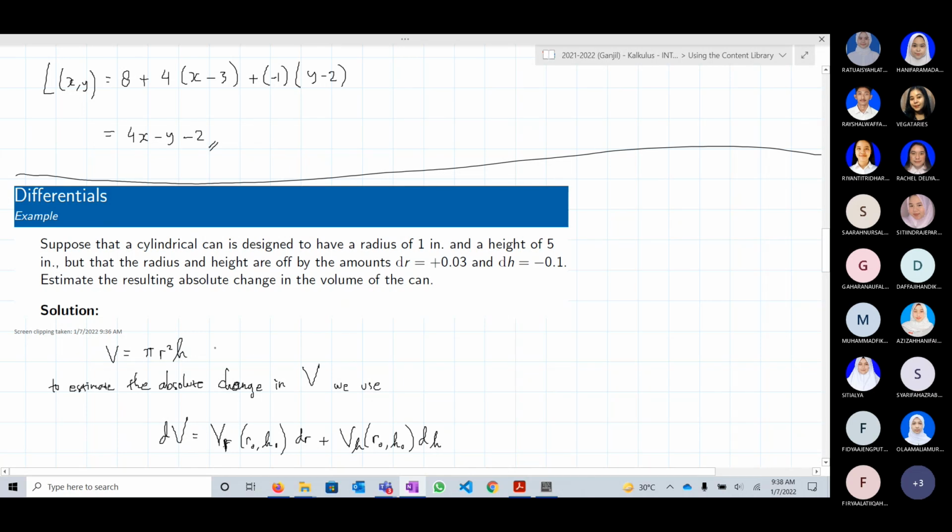And from here, from the formula of the volume, we have that derivative of V with respect to R is actually 2PRH, and derivative of V with respect to H is PR squared.